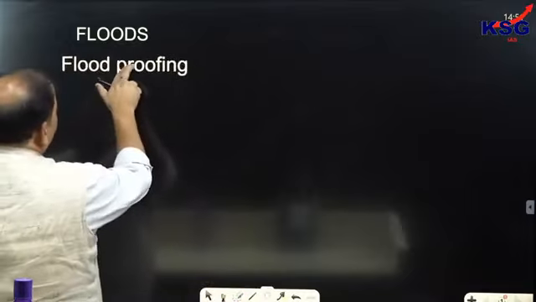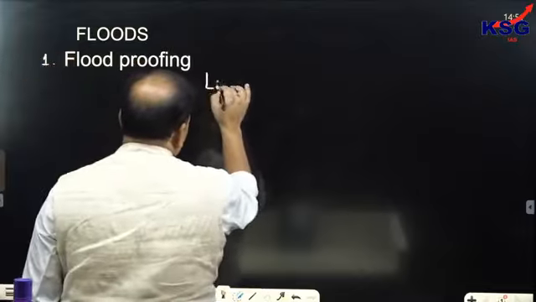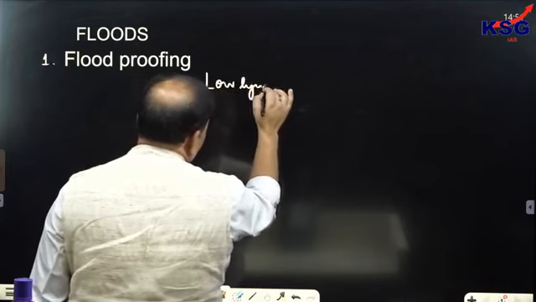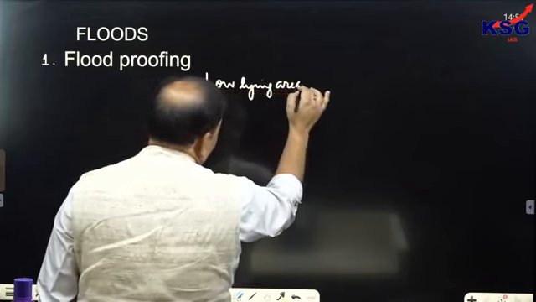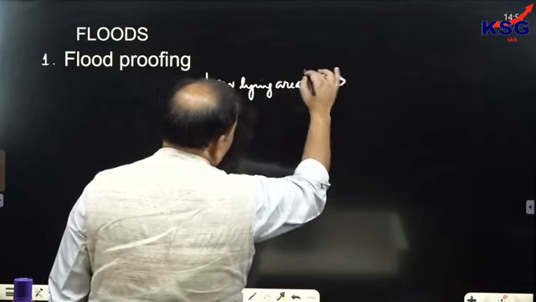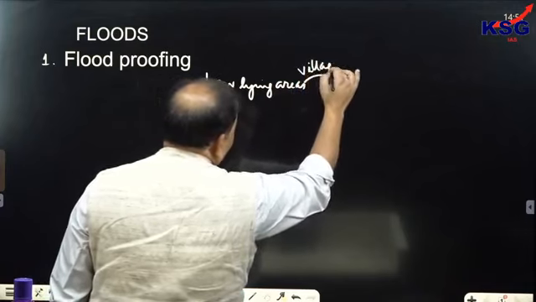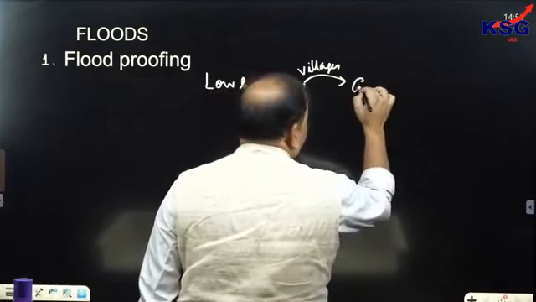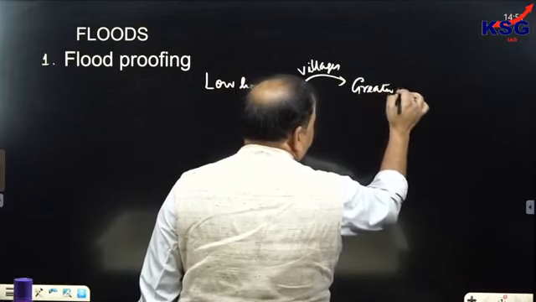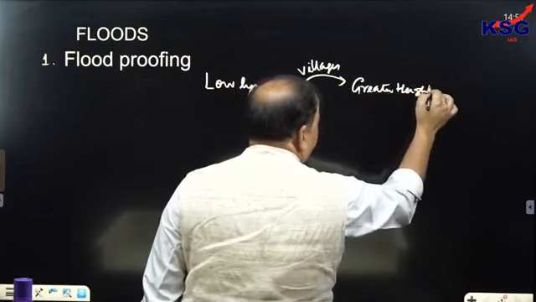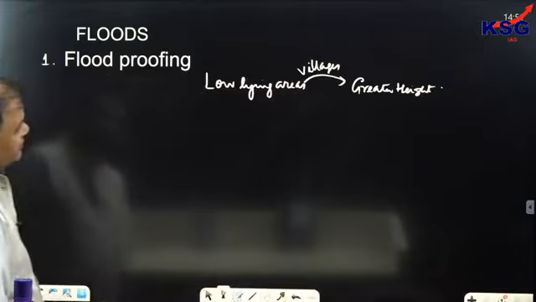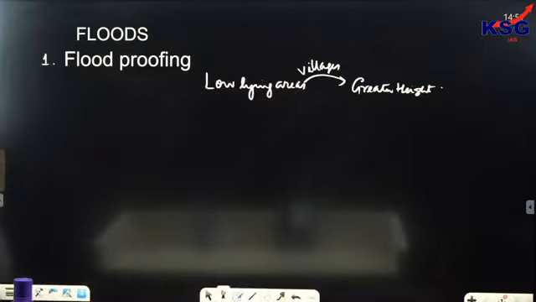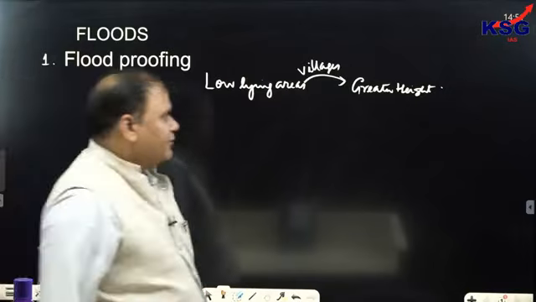Flood proofing means, write down, villages from low-lying areas should be shifted to those at greater height, and connected properly with roads.